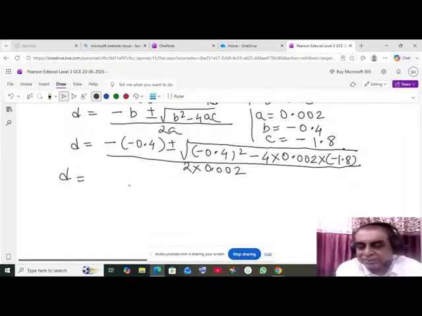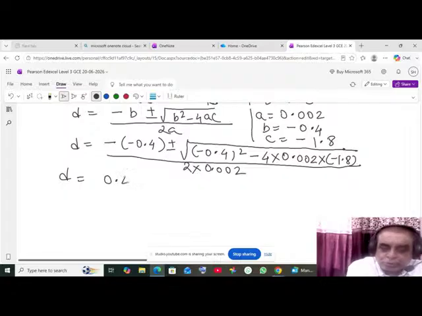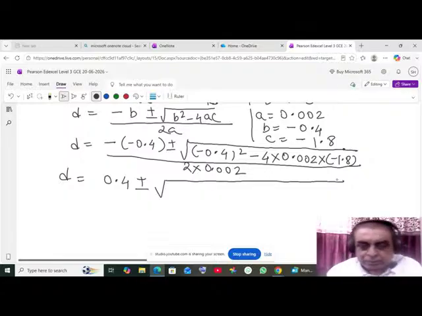So this is now simply calculation. Minus times minus 0.4 will become plus 0.4, and plus minus, now do the calculation. Now we are using the calculator for doing this working.